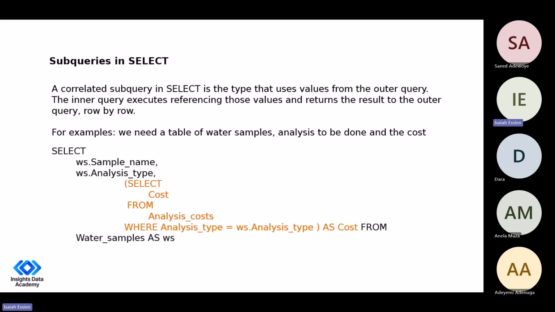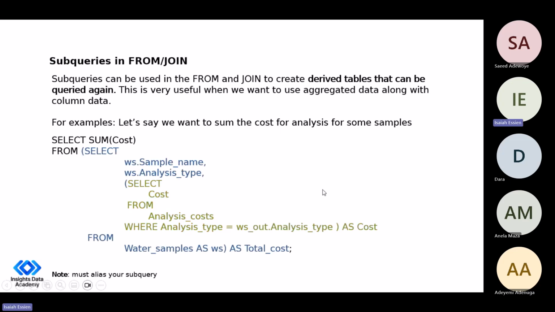Just as we said, subqueries can sometimes be used as an alternative to joins, because here we are considering two tables, and we're querying some content from this analysis cost table and joining it with the content from this water samples table. So that's an example of a correlated subquery.